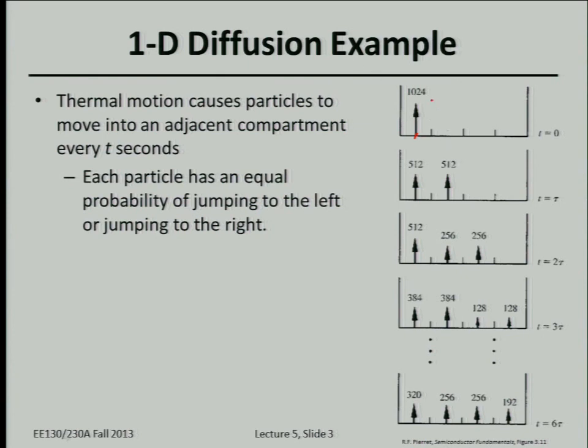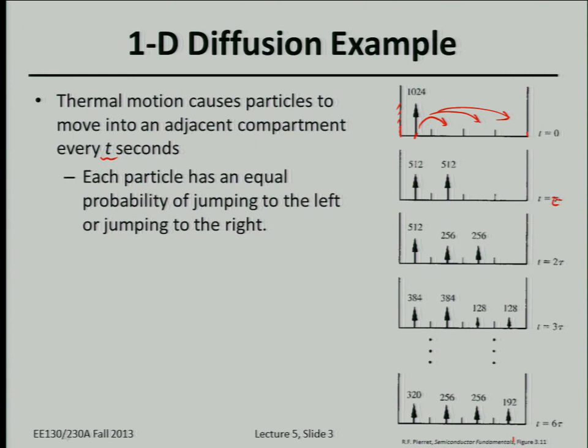But for a finite-length semiconductor, the left side is a closed boundary, so it's much easier for the carriers to jump into the empty spaces. We're going to see what happens as time increases, for example with a characteristic time step of tau.